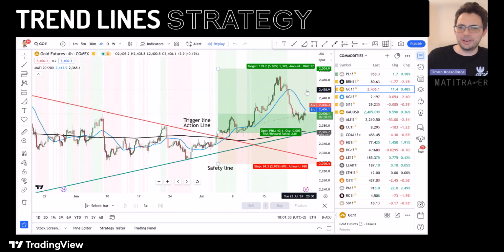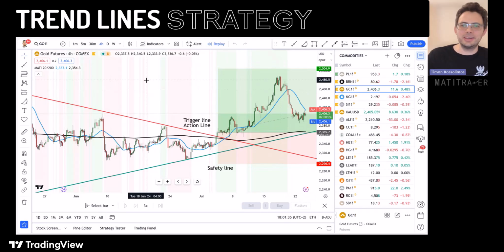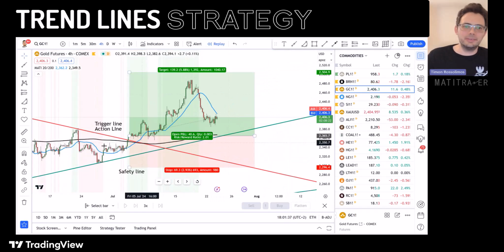And that's where we are currently, okay? So you can see that the price did not cross the safety line. We got in, and it looks like it's going to continue up.